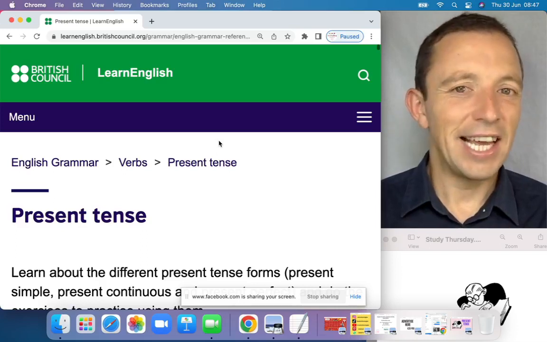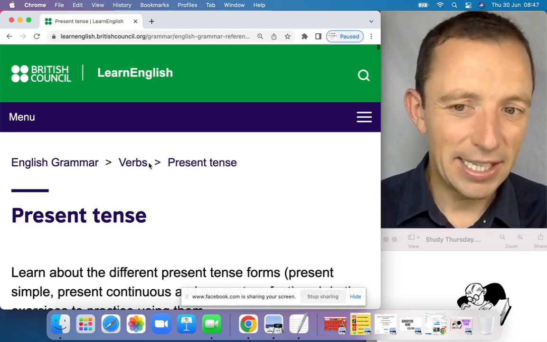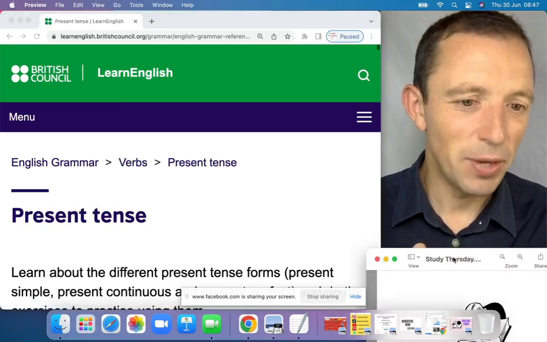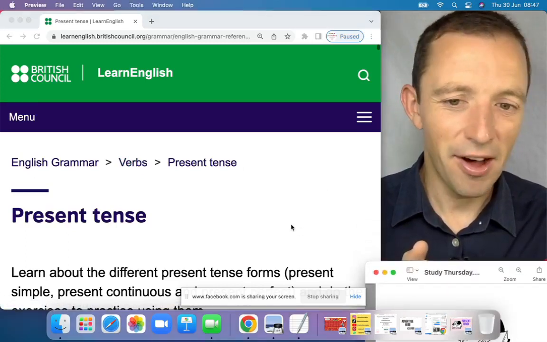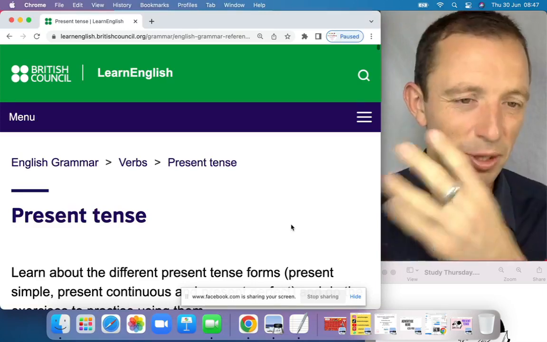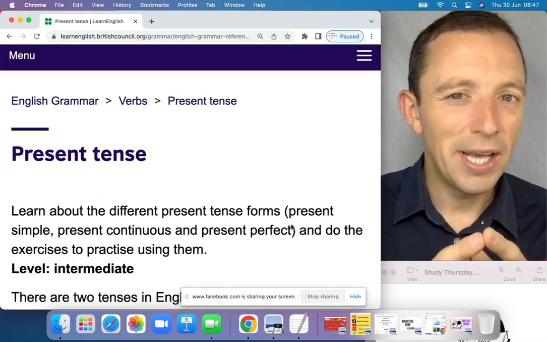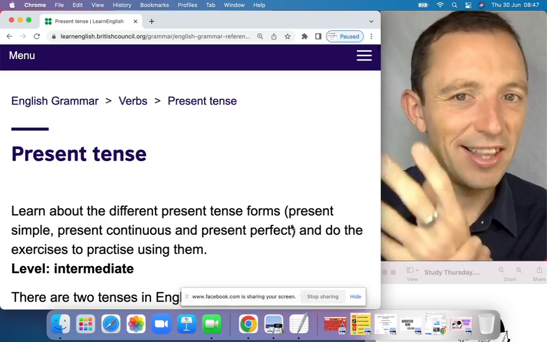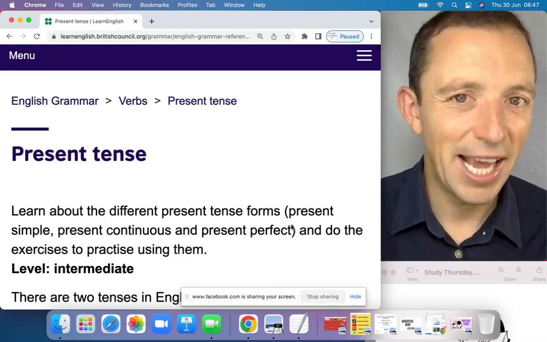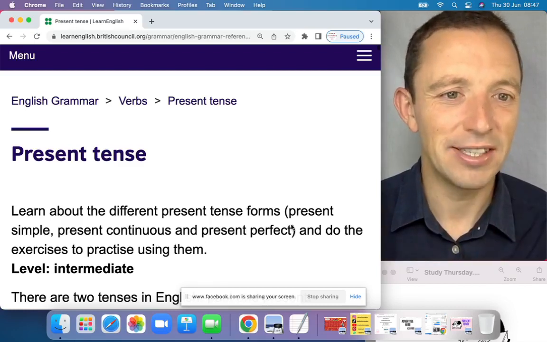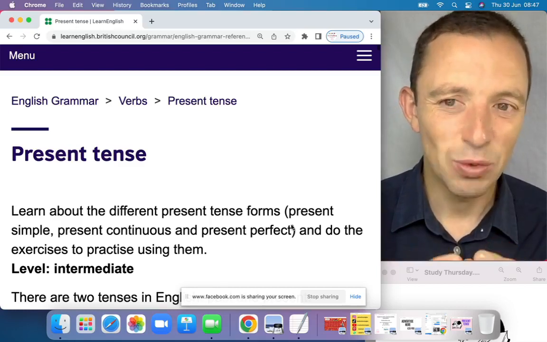Yesterday we looked at a different topic in the section of verbs: the verb to be. Today we continue with the topic of verbs in relation to the present tense in general. As always, first I read the theory, try to explain the lesson, and then we have some exercises to practice as well.